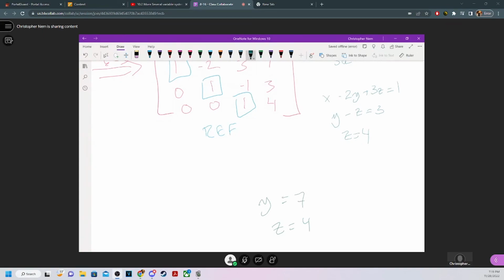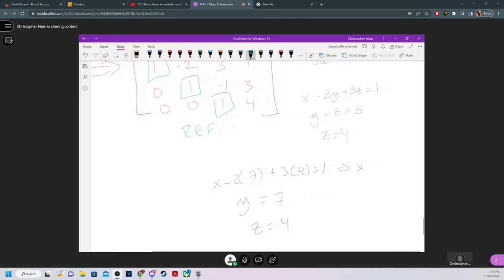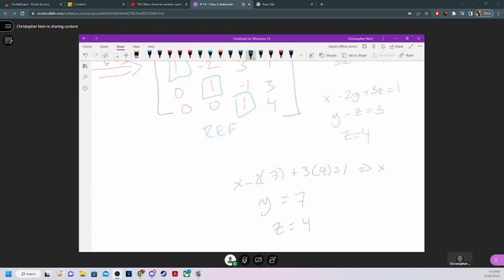And then if I plug that in over here, I have x minus 2 times 7 plus 3 times 4 equals 1, which means I have x minus 2 equals 1. So x is equal to 3. So your solution is going to be 3, 7, 4. This ordered triple. Boom.